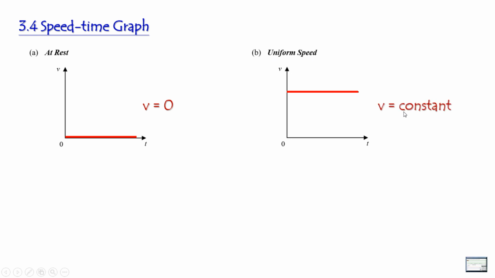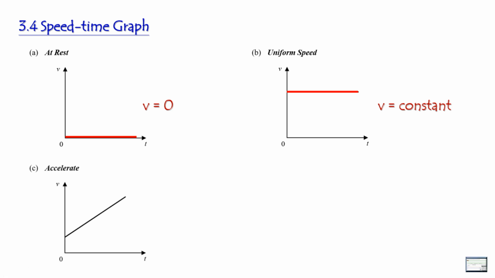The speed of the object is a constant. It does not change. Is it okay? So it is a horizontal line. It's still a horizontal line, but it is not at rest. It moves with constant speed. If the horizontal line touches the time axis, it represents the car being without motion.